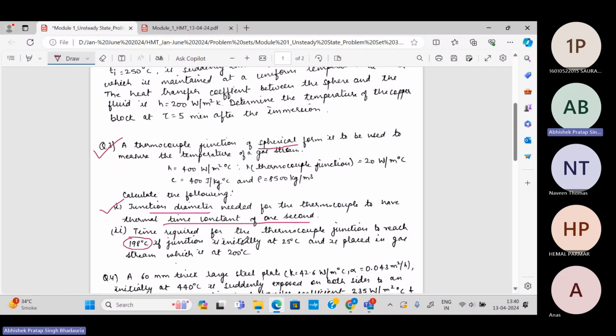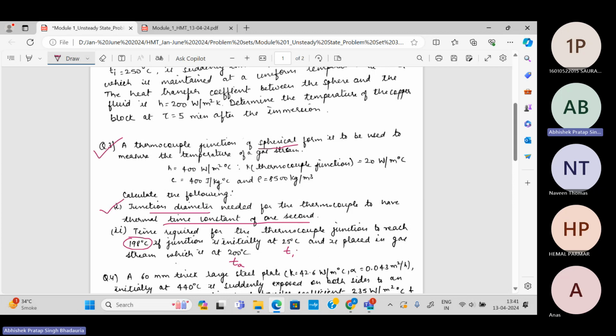So initially at 25 degrees Celsius, this is Ti, and the gas stream temperature of 200 is Ta.